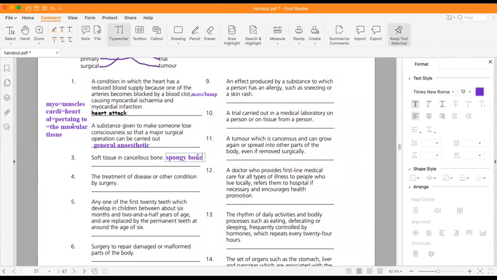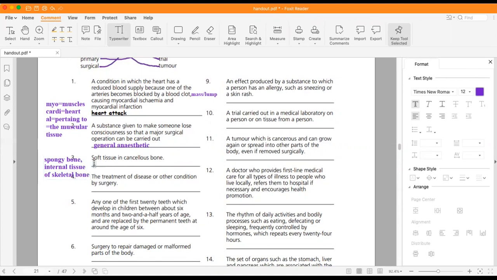All right. Let me write this definition here. When we say cancellous bone, this refers to the spongy bone, which is an internal tissue, نسيج داخلي, of skeletal bone.